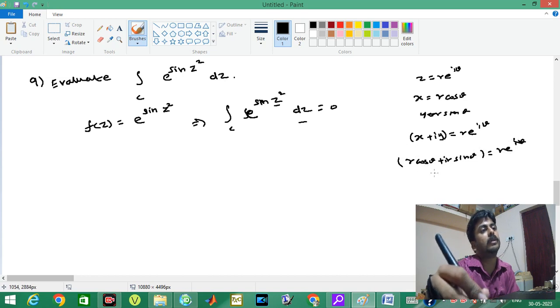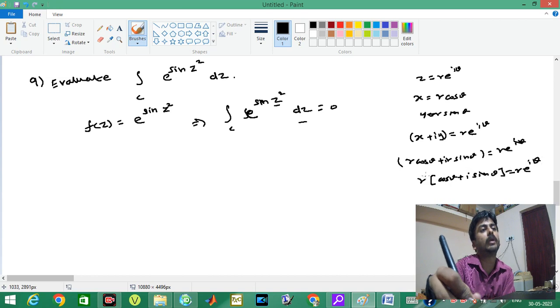I am deriving this expression to show how they are related, though this is not going to be useful for your examination. r of cos theta plus i sin theta equal to r e power i theta. Both r will get cancelled.